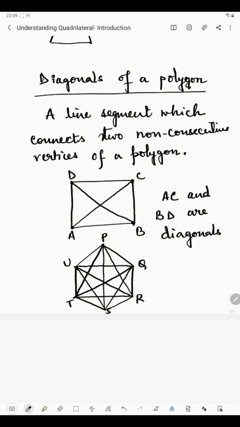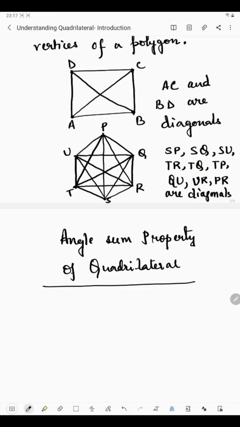Now there is a property of quadrilateral which is known as the angle sum property of quadrilateral. Suppose there is a quadrilateral, say A, B, C, D. We have done the angle sum property of a triangle, that when we add all the angles of a triangle, we get 180 degrees.